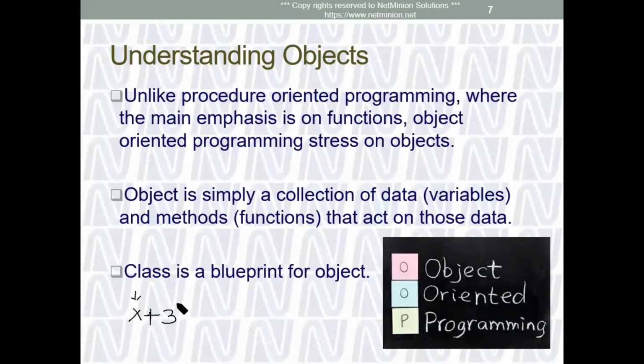X is part of a string, 3 is numeric, different objects. I will talk about these objects later. If a language gives an answer for x plus 3, I am talking about a procedure oriented programming language. But in Python, if you want to add two different types of object, it will give you an error. It will say no, it's not possible. It is more focused on your object.